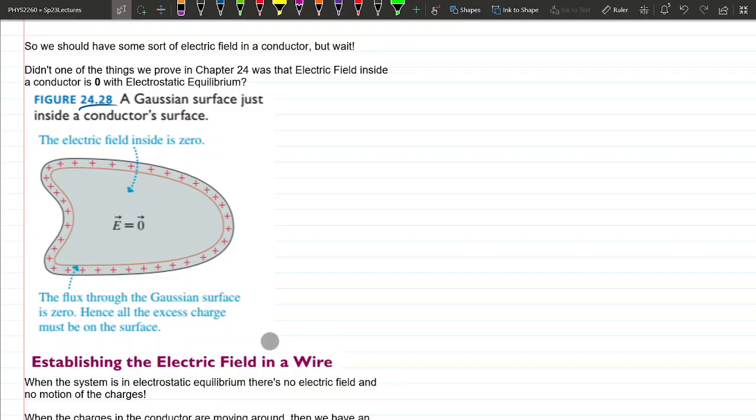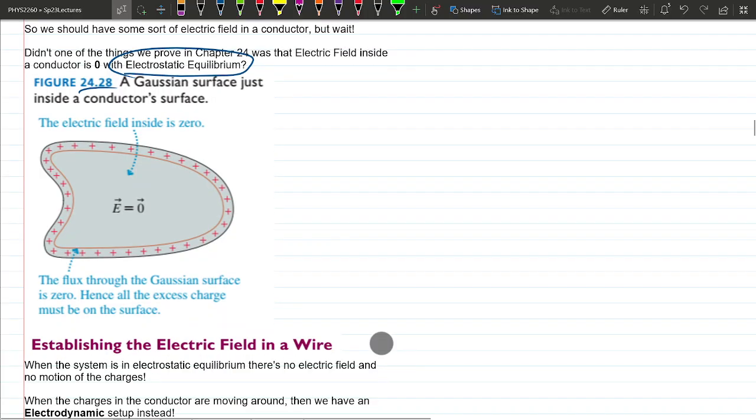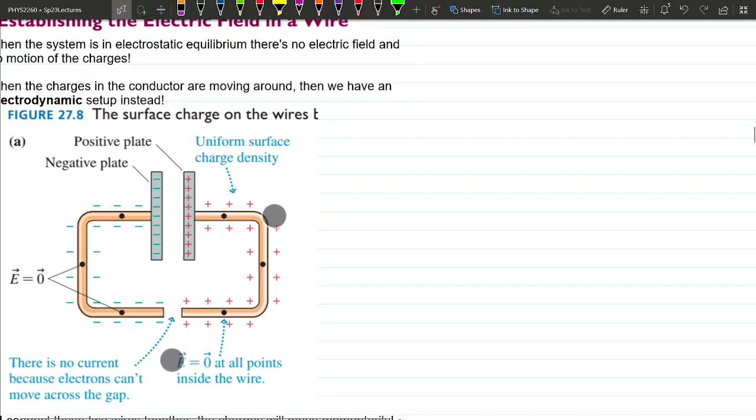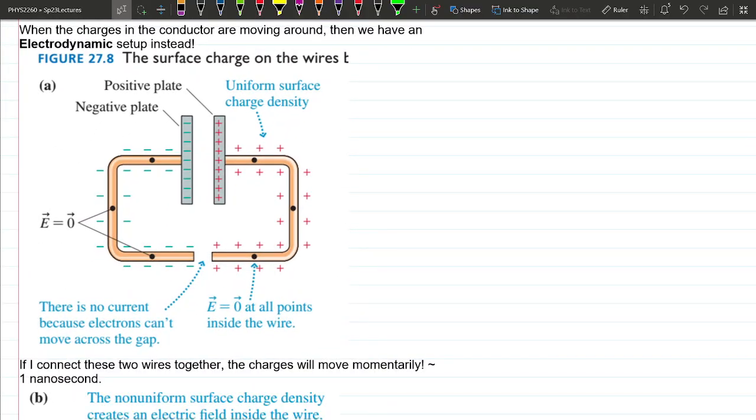But this is in the case of electrostatic equilibrium, meaning the charges are not moving around anymore. So let's do this little drawing here. If we had a capacitor that's been fully charged, and we're going to do the same wire as we did last time, but not connect the wire yet, we're going to put a little switch there, and then we'll see what happens.